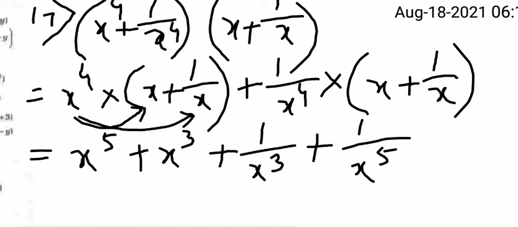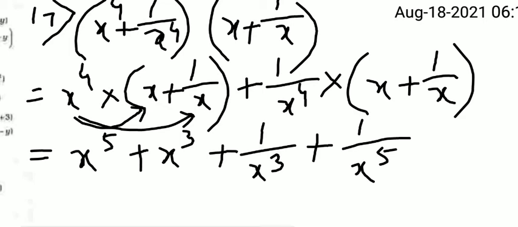So in this way you have to solve. Hope that everybody has understood the process. First of all you multiply x to the power 4 with x plus 1 by x, then multiply 1 by x to the power 4 with x plus 1 by x. Partially, x to the power 4 with x will be x to the power 5, plus x to the power 4 multiplied with 1 by x will be x cube.